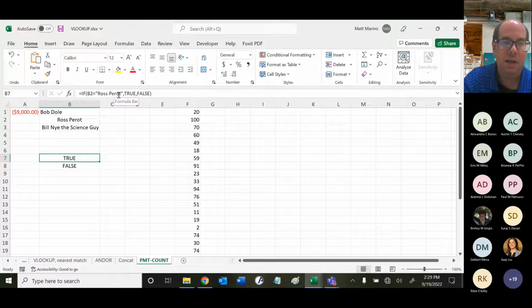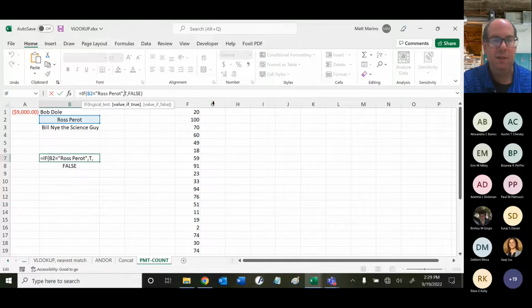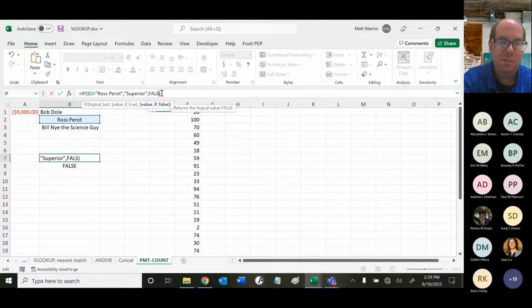So this is how an if statement would look, like I showed before, if you just wanted it to be true or false. Like I said, some of our examples we've done and changed true to superior and false to not superior.